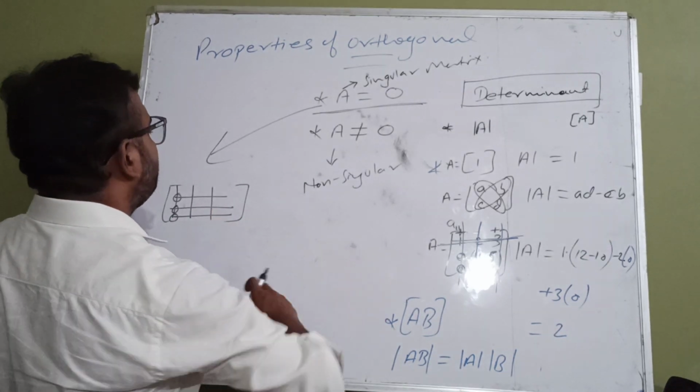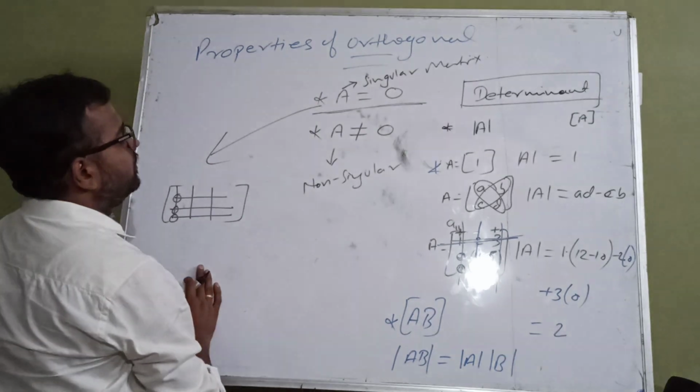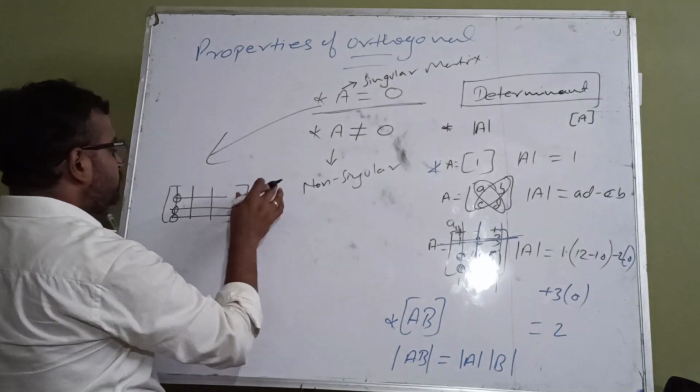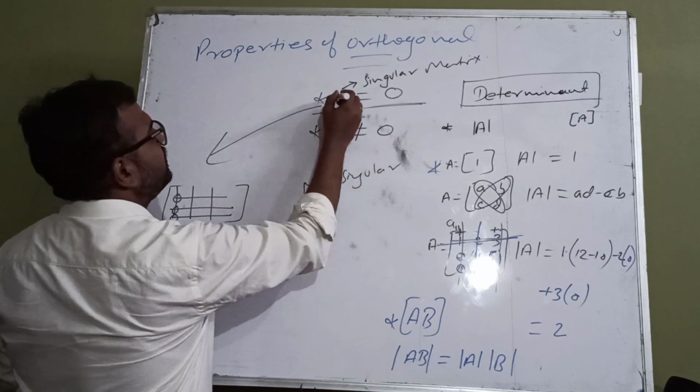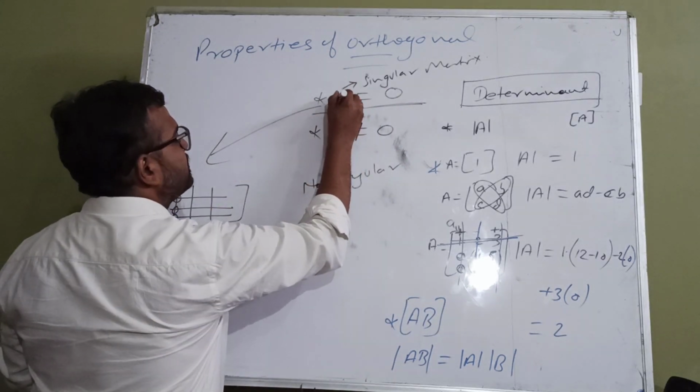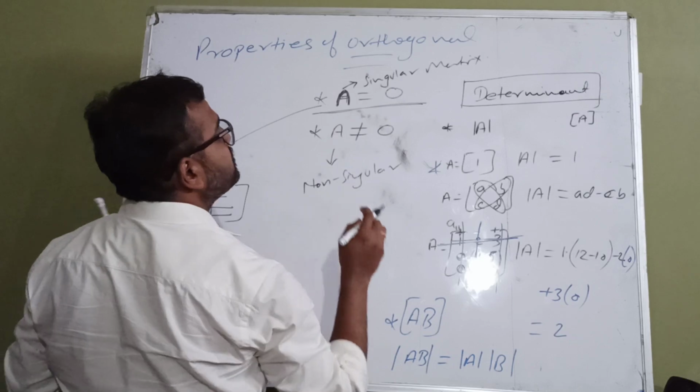If you remember, the statement was like that. Now what is the relation of this concept to that concept? The relation is there. Only those matrices will give the inverse.